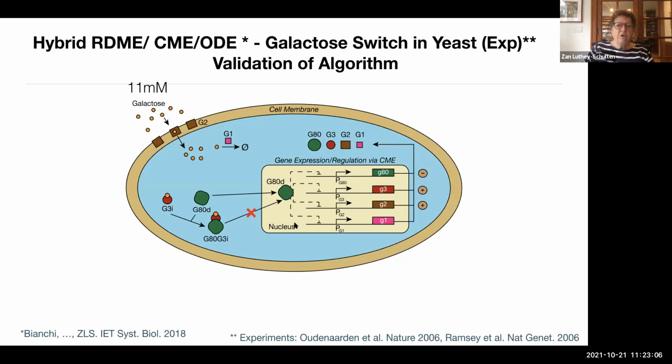So what we wanted to do is look at a particular experiment, see if we could, with this model, reproduce some of the results. And what we wanted to look at was a hybrid RDME, CME, ODE. So as I said, this was the previous attempt when we had a bit of the metabolism in there.